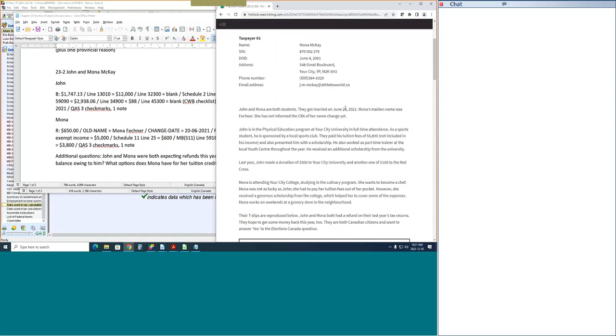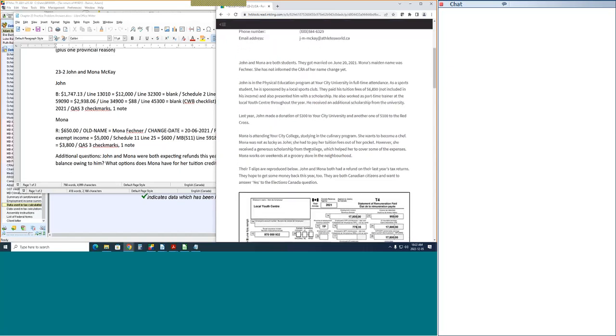She hasn't done it yet with the CRA, so she has to do it now. We know that John is a full-time student, but he is being sponsored by a local sports club. They are paying his tuition fees, and they have given him a scholarship. So we have to decide, can he claim the tuition amount? And separately, we have to decide what happens to his scholarship. And then we have some donations, and then we have Mona.